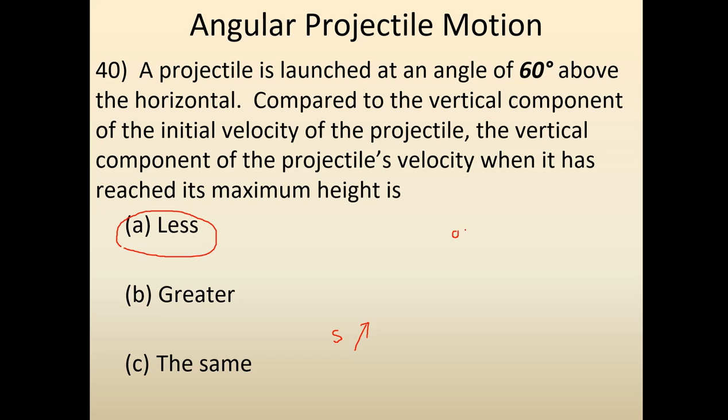But at max height, the vertical velocity is always 0. So no matter what the initial velocity was, it's always going to be higher than this. So the vertical component at max height is less compared to the component initially.